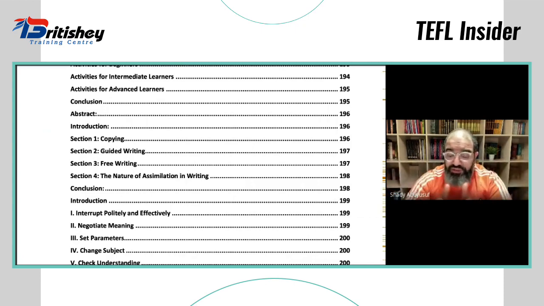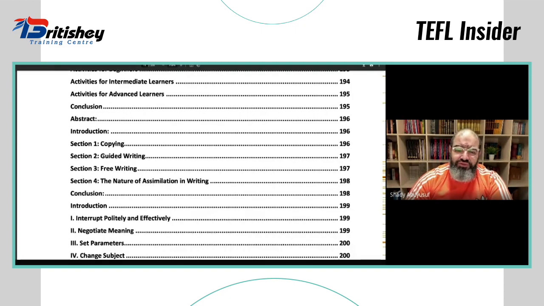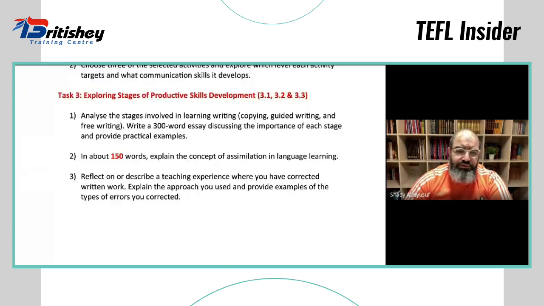Of course, do not copy from the handbook. This is just your reference, or one of the references available for you. Let's get back to our assignments, my friend. So we said that task 3 is about writing 300 words, discussing these writing stages, copying, guided writing, and free writing.